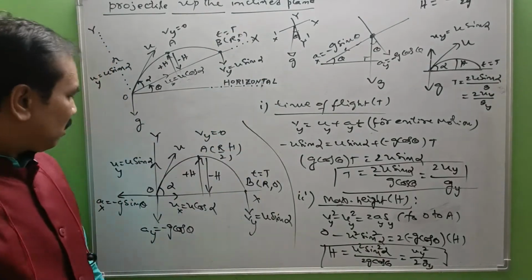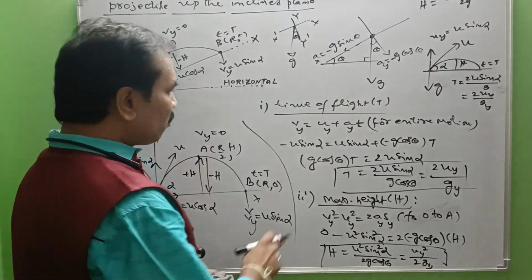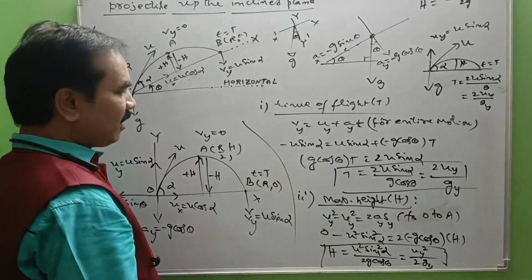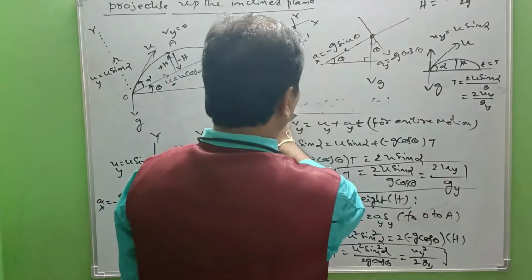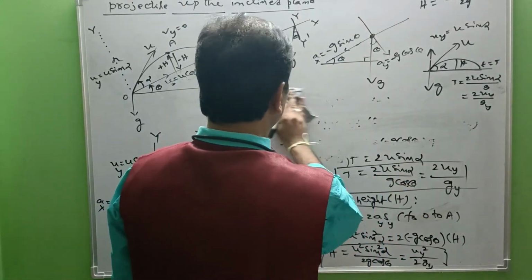Now coming to range. How to find range? Here we have time of flight 2u sin alpha by g cos theta.